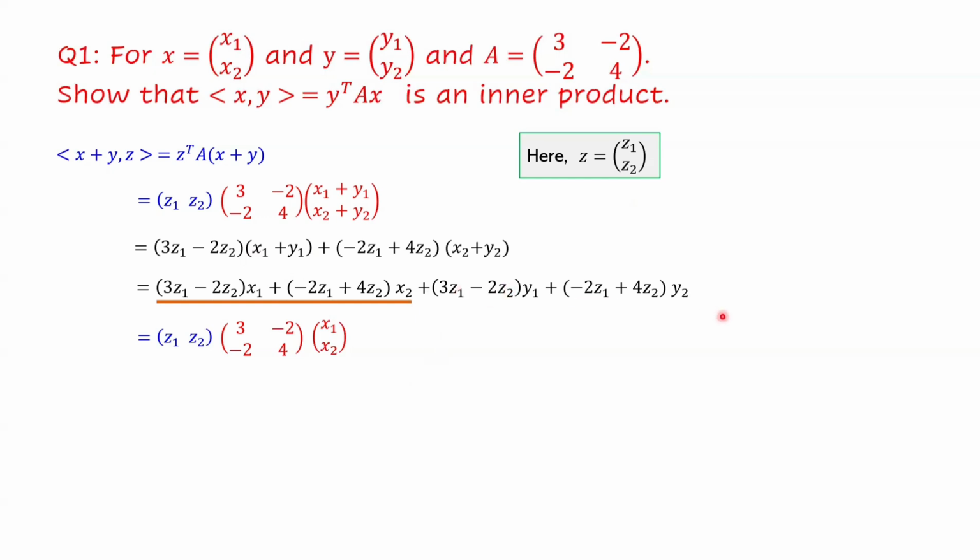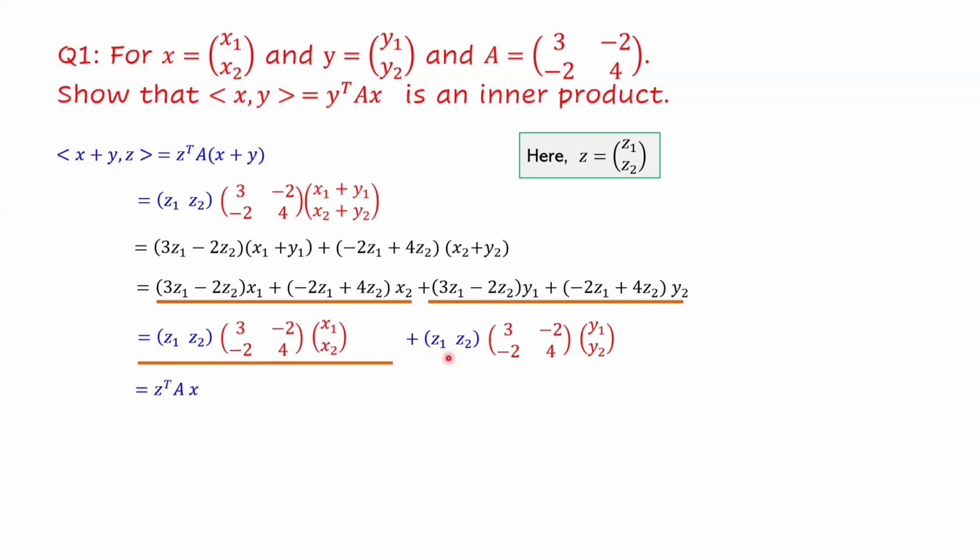In the same way, the other expression is written as z1, z2, the matrix A, and then y1, y2 in the column. So this is nothing but z transpose A x, and this one is also z transpose A y. So this means it is equal to ⟨x, z⟩ plus ⟨y, z⟩. So this is the distributive property we have here.